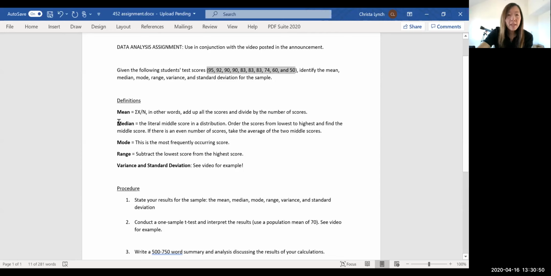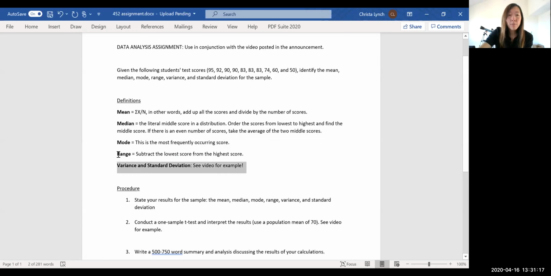So the median is the literal middle score in the distribution. You'll order the scores from lowest to highest, find the middle score, and if there's an even number, you're going to take the average of the two middle scores. I'm going to show you some examples of these in a minute. The mode is the most frequently occurring score.